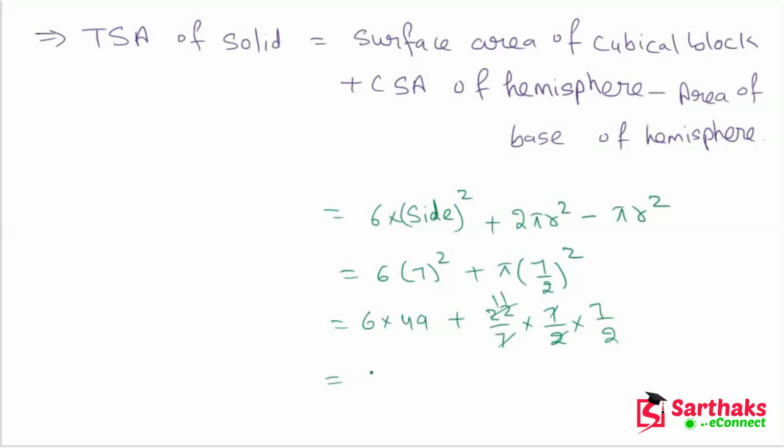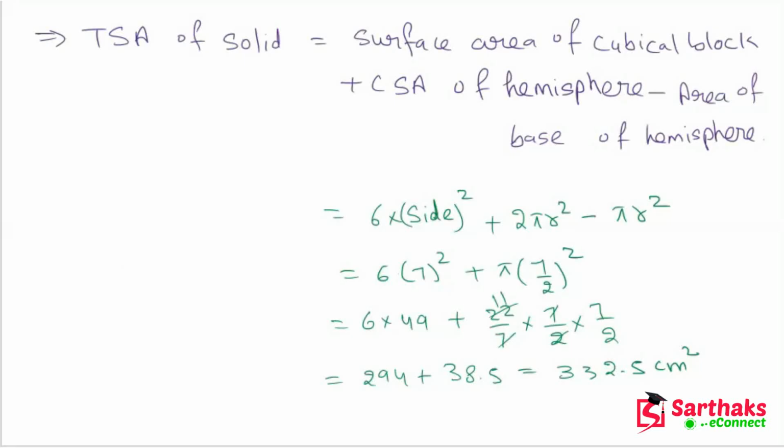So we get 294 plus, if we solve this, 77 upon 2, which is 38.5, which equals 332.5 centimeter square. So the surface area of the solid is 332.5 centimeter square. I hope, my dear friends, you understand this question.